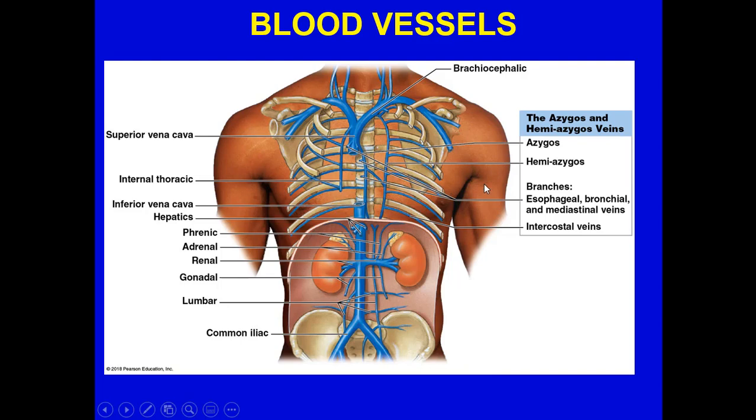Starting right here, you can see where the azygos is, all right, and you have the branches of the mediastinal, bronchial, and esophageal veins. You also have the intercostal veins. And coming up here, you have the hemiazygos, which delivers into the brachiocephalic, as well as the azygos, which will eventually empty into the superior vena cava.